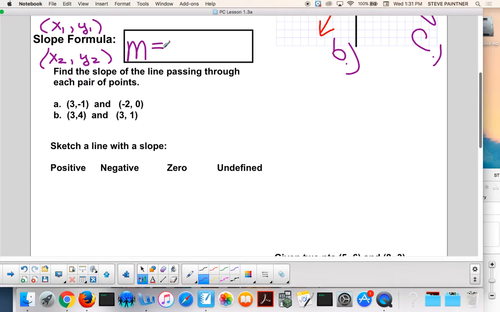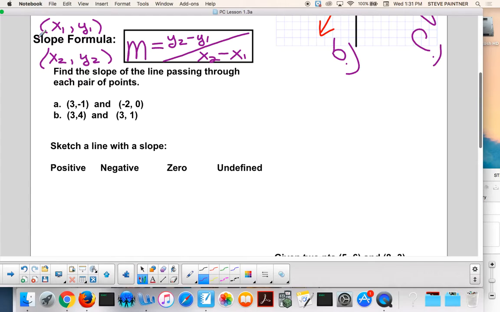Isn't it y2 minus y1 over x2 minus x1? Okay. Most likely your 9th grade teacher told you about that back in algebra 1. If you want the slope, it's really simple. Subtract the y's over, subtract the x's. It's just a number over a number, which is slope.